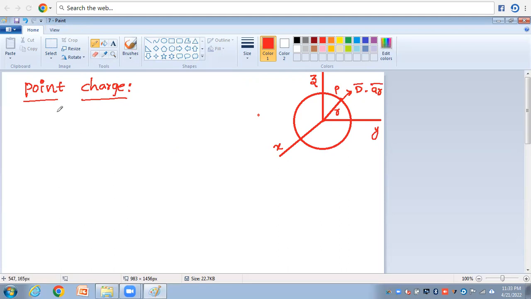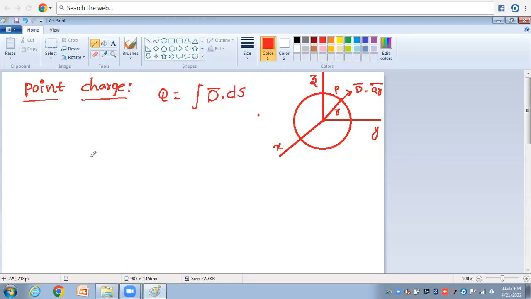Now finally, there are three expressions: Q is equal to integral D bar dot dS, integral rho v dv, and one more, D bar dot dl. Now I will go with the point charge. So Q equal to integral D bar dot dS.